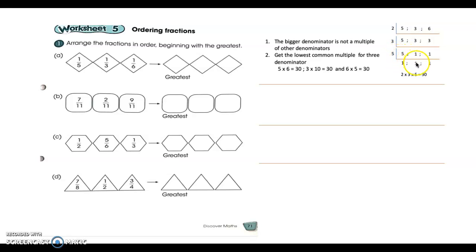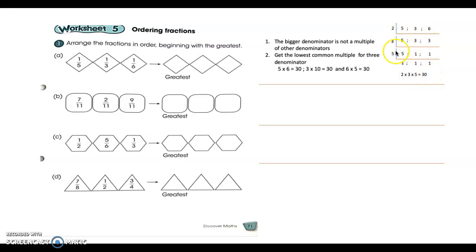Now here all are already divided, so I will just carry the ones here. That's how we do the LCM. Now I take all these numbers and multiply 2 times 3, and then 3 times 5, so I get 30.